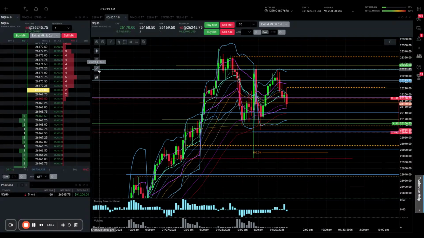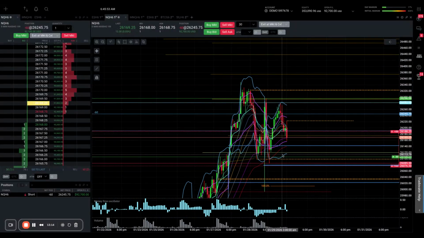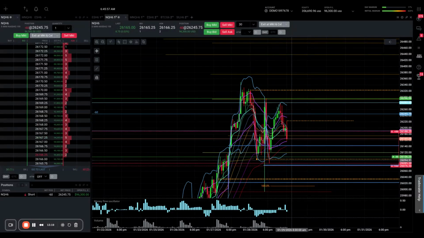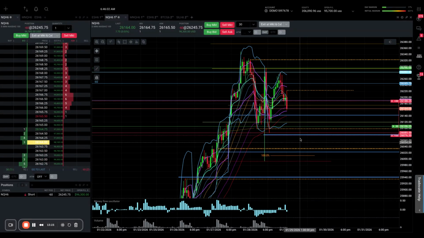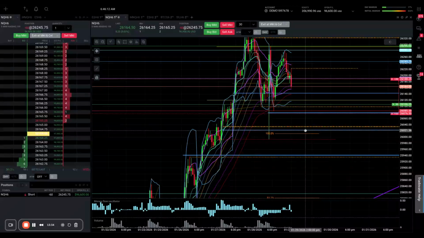So let's keep that in mind. These are going to be areas to start paying attention to when we get down into here. And this area is going to be a good area to start looking for trades this morning as well, if we can get down into here.